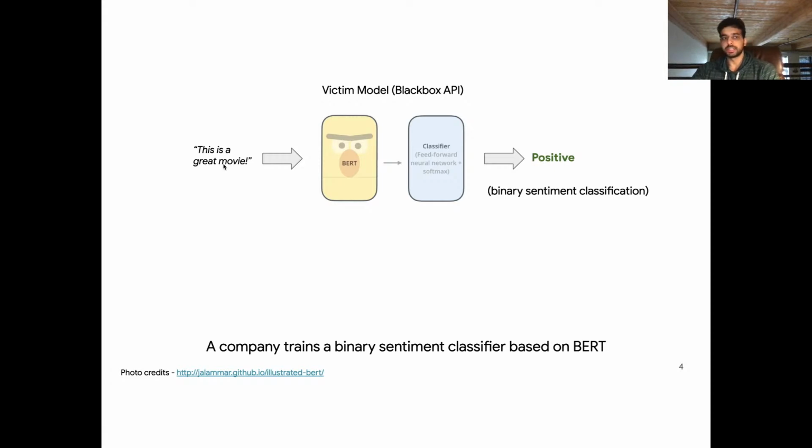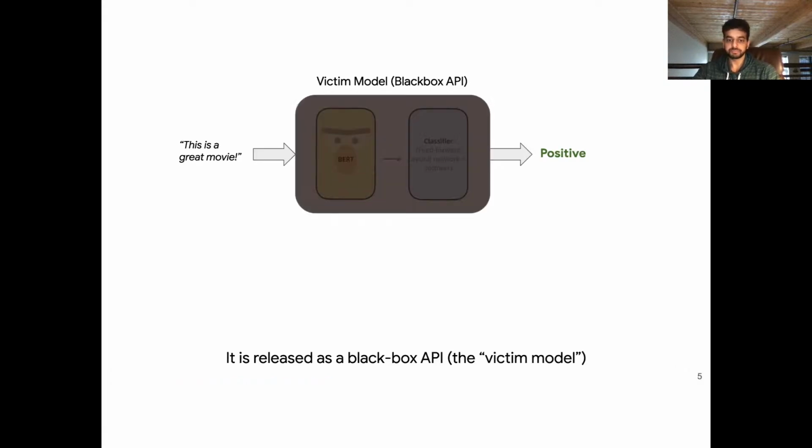So if I had a sentiment analysis model, I would have something like, this is a great movie, which I feed into this API, and it gives me positive. It may not even give me the probability associated with this prediction. It might just tell me that the sentence is positive, not that it's like 78% positive or something like that. So this is the only information that I, as an attacker trying to steal this model, have access to.